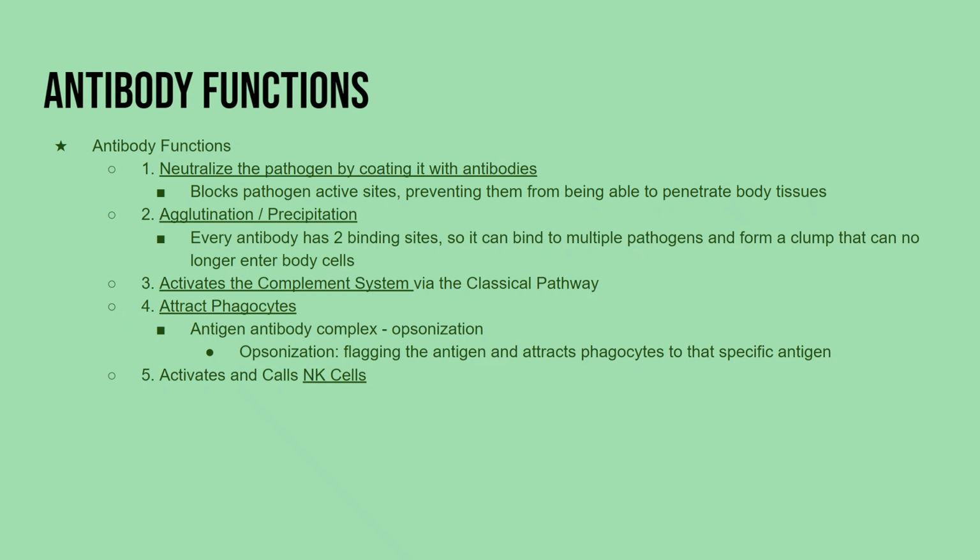So again, those are those 30 proteins that help the antibodies or white blood cells fight, attract phagocytes, or activate natural killer cells. So again, antibodies are released from the B cells after being activated by the helper T cells for a specific pathogen.